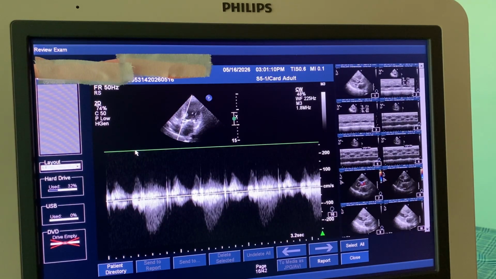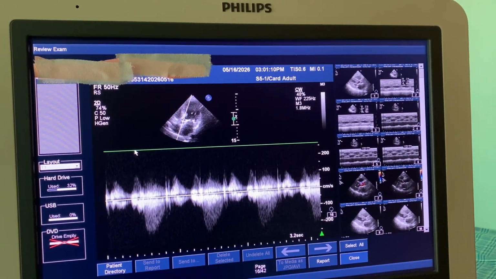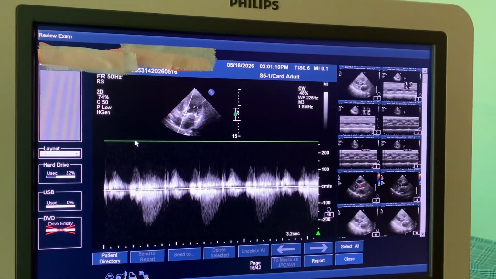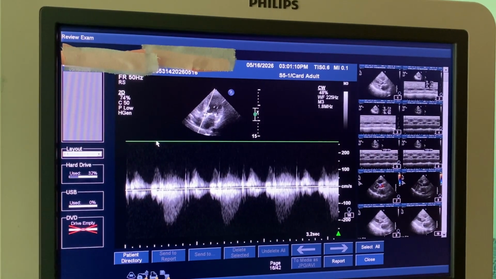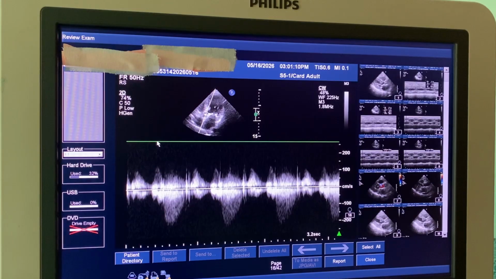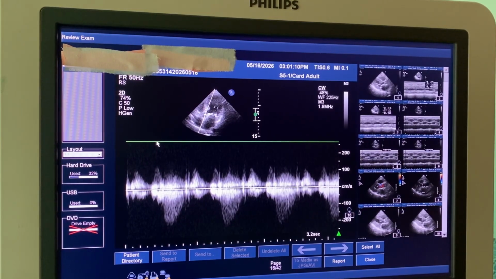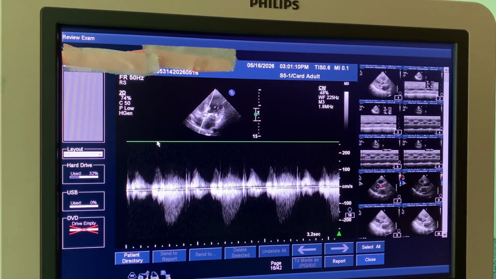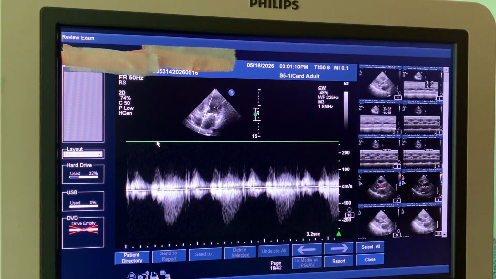Another one we have is pressure gradients. From pressure gradients, we have the maximum gradient, PG max. PG is pressure gradient. So we look at the maximum PG, and then the mean PG.